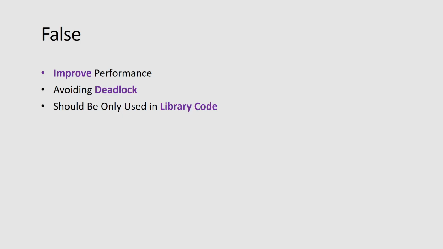At first glance, it improves performance because it avoids context switching. So what is context switching and what causes it? Context switching happens when you await code and an asynchronous method is trying to execute.